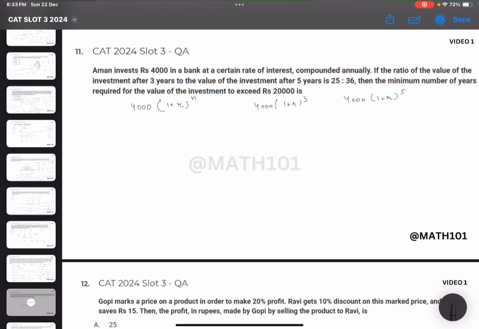The ratio would be 1 plus r to the power of 3 upon 1 plus r to the power of 5 equals 25 by 36. This becomes 1 upon 1 plus r square equals 25 by 36, which implies, reciprocating on both sides, 1 plus r square is 36 upon 25, so 1 plus r is 6 by 5. Obviously, we will take the positive root.